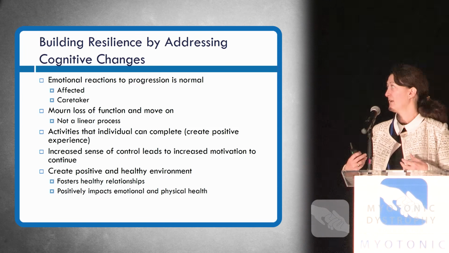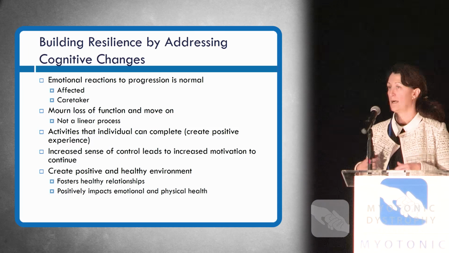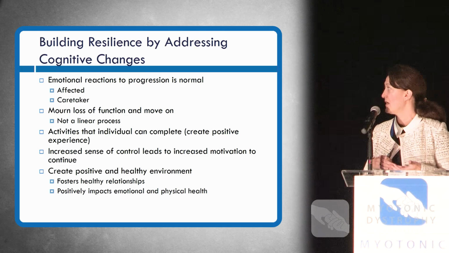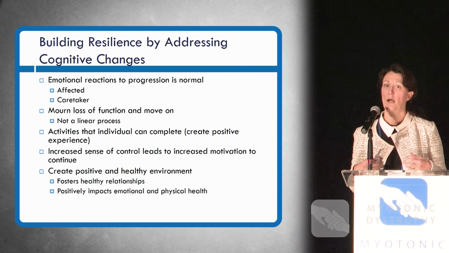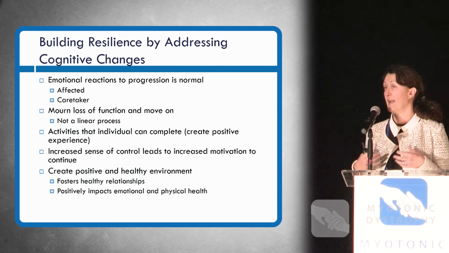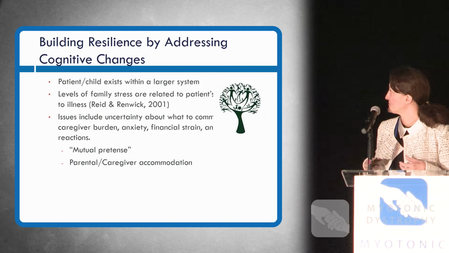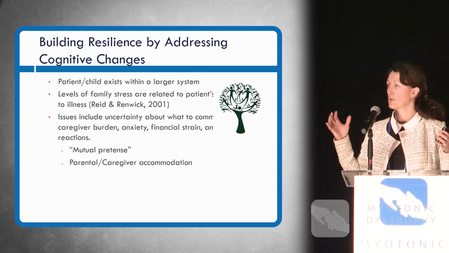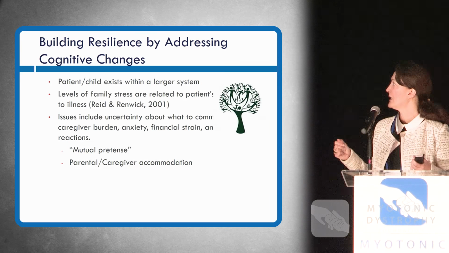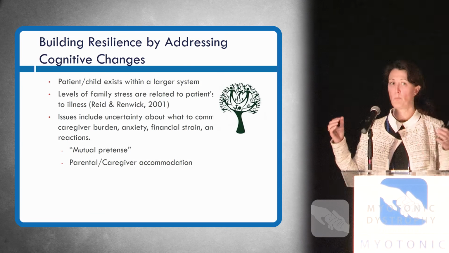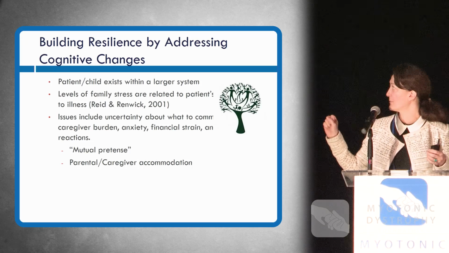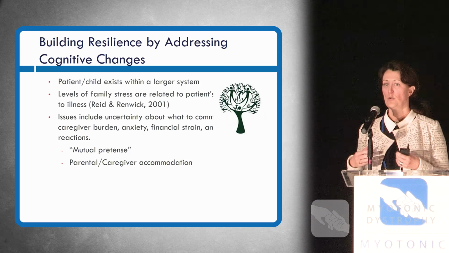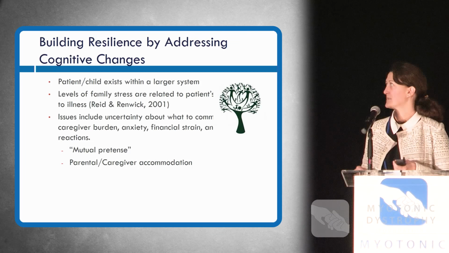And by creating a positive and healthy environment, it helps foster healthy relationships, it helps with communication, and it positively impacts your emotional health and your physical health. One thing to think about in terms of building resilience is that both, well, I say child here, but patient, participant, adults, caregivers, you exist within a larger system.